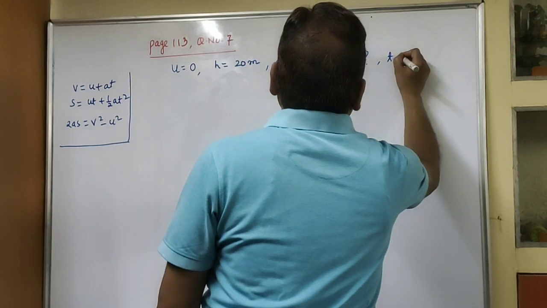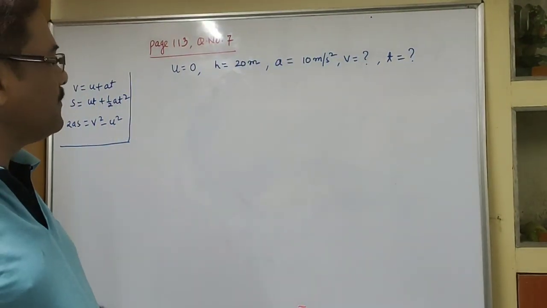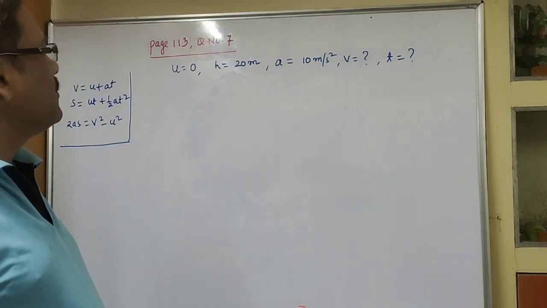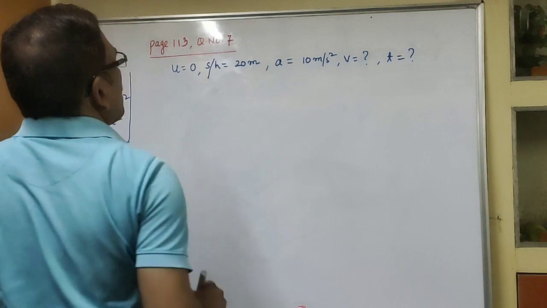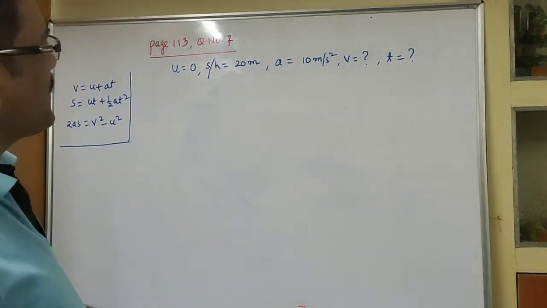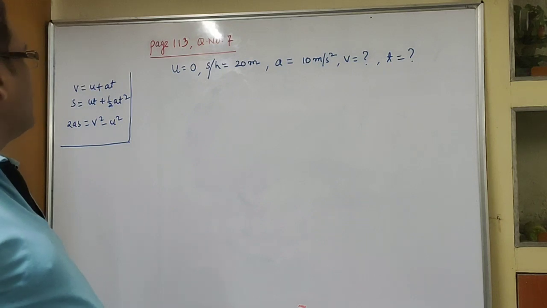So also calculate t, after what time it will reach the ground. So u is 0, h or s is given 20 meter, acceleration is 10 meter per second square, you have to calculate v and t.